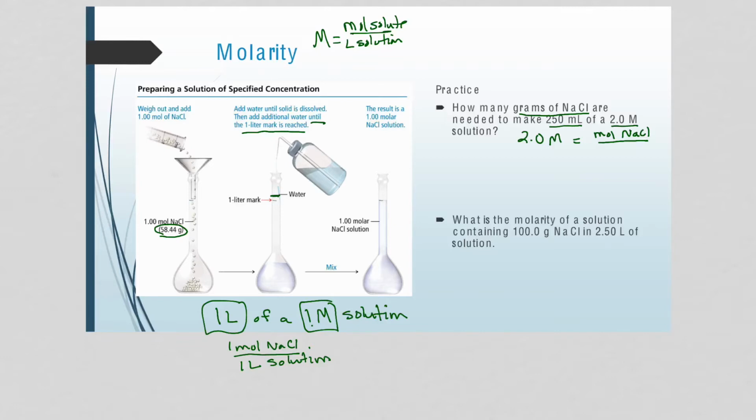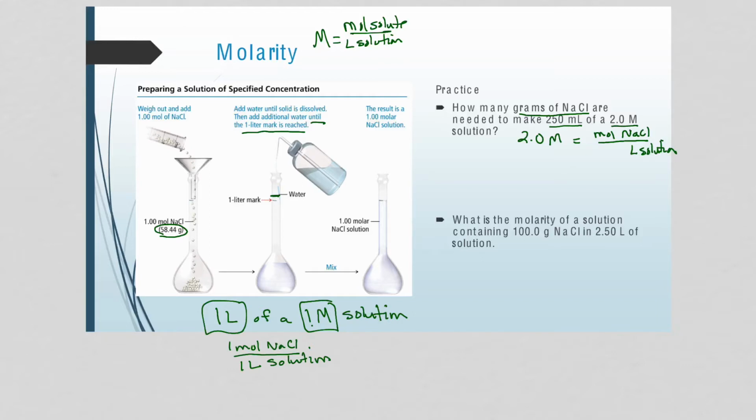Now, I don't have a volume in liters, right? So it's important to understand that we need this volume in liters. So we need liters of solution here. Now, I do know the volume, but I know it in milliliters. So before I can start this problem, I have to convert my volume into liters.